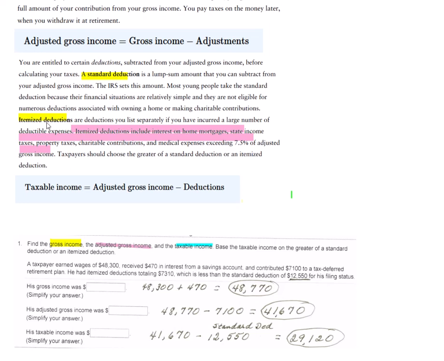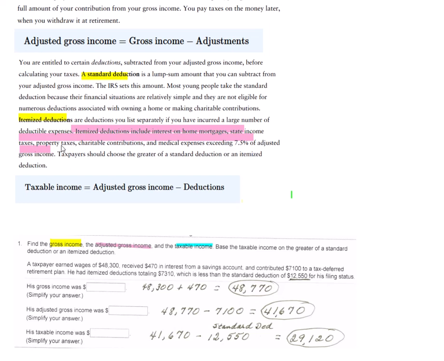All right, these itemized deductions are deductions you list separately if you have incurred a large number of deductible expenses. These include interest on your home mortgage. You will get a statement from your mortgage company that will give you this amount. State income taxes, which is not applicable in Texas.